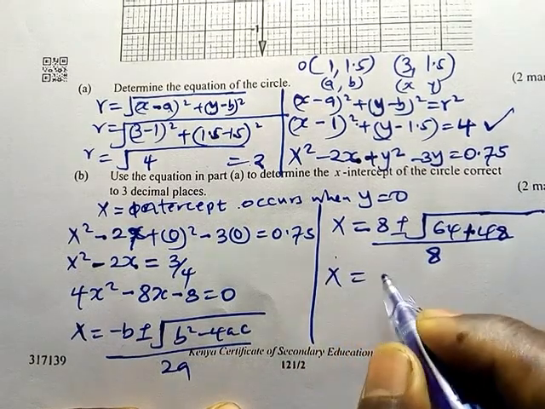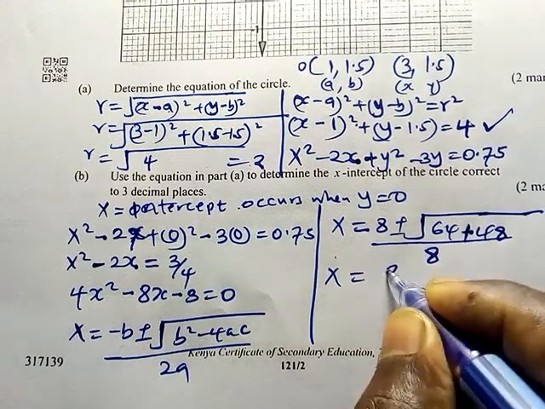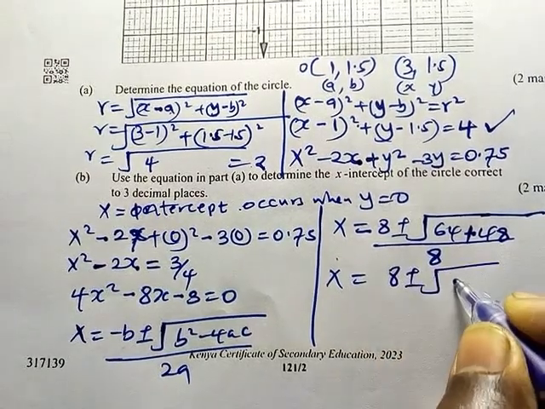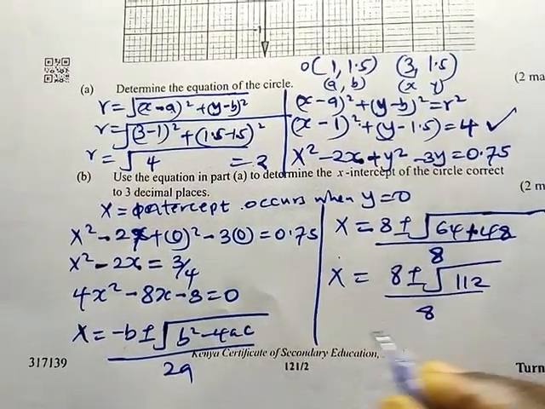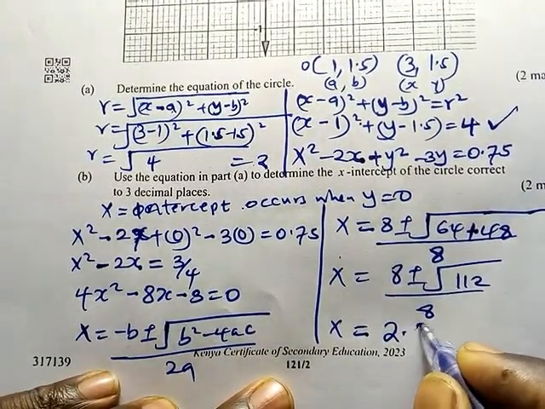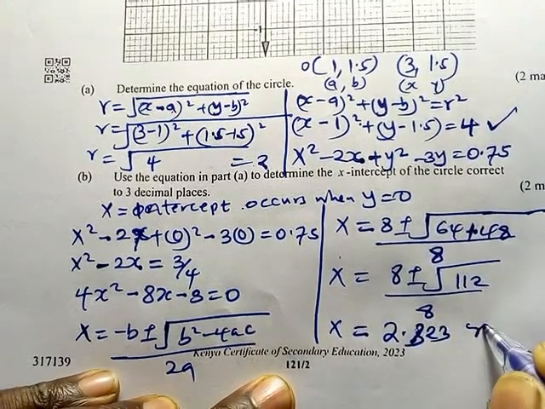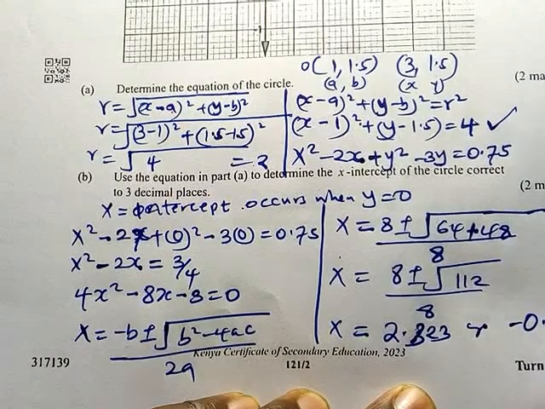So x is equal to 8 plus or minus the square root of 112 divided by 8. And our x is equal to 2.323 or negative 0.323.